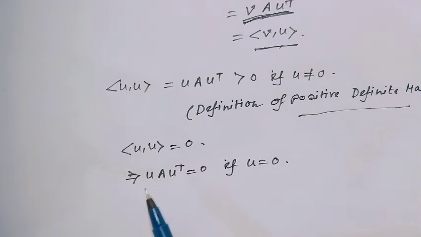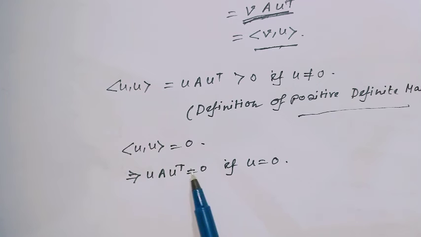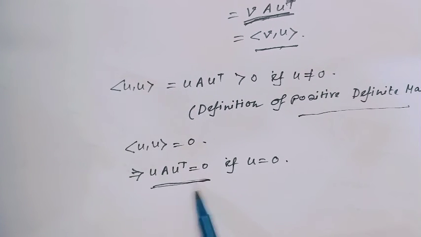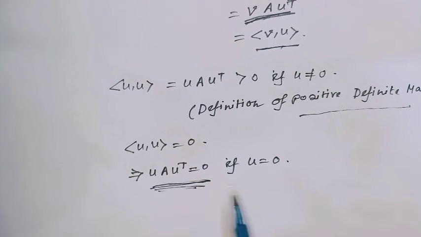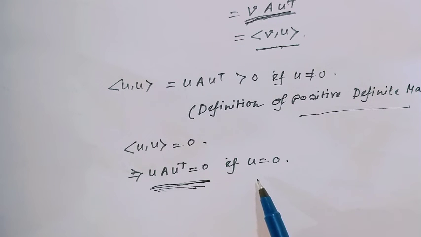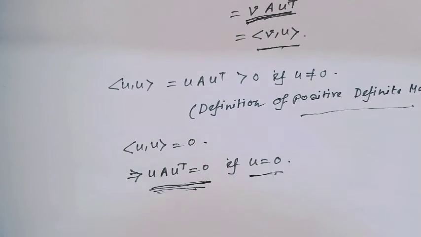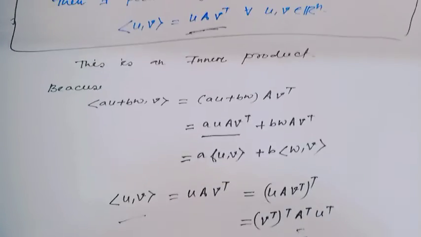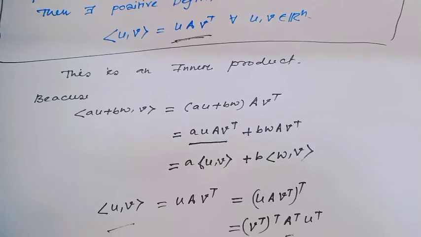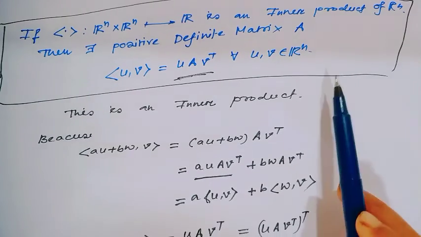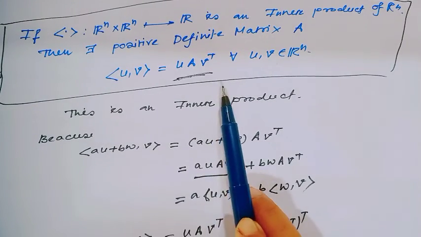And inner product of U with itself equal to 0 means U A U transpose equals 0, but by the definition of positive definite this happens only when U equals 0. That means all conditions of inner product are satisfied here. Are you getting why any positive definite matrix is an inner product?